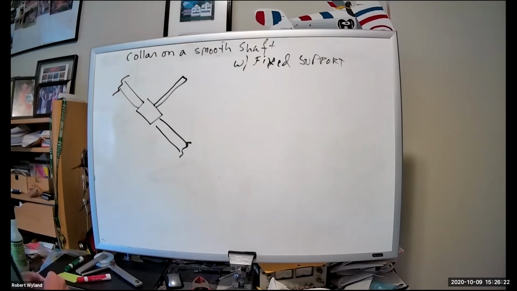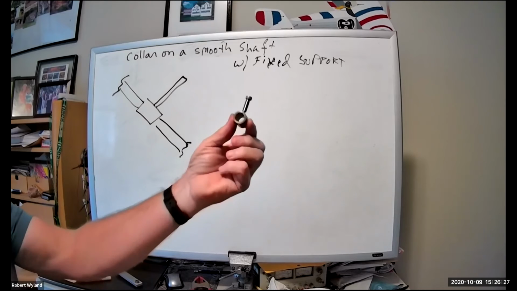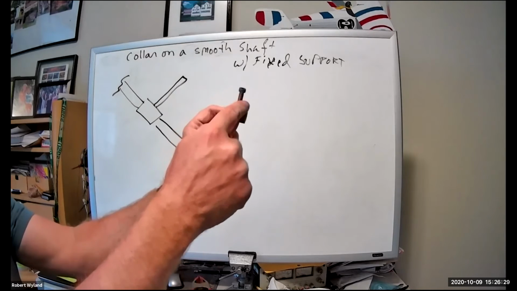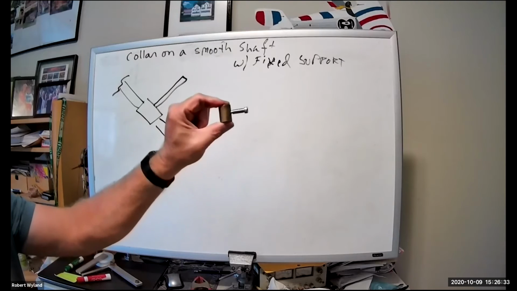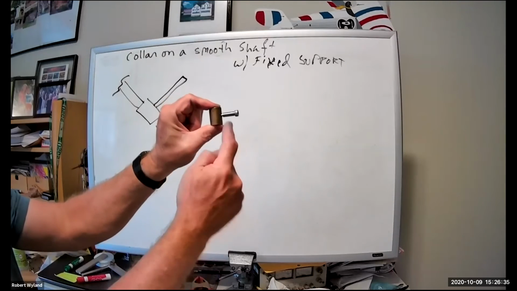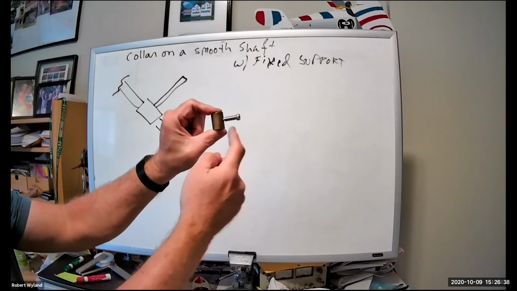This is going to be our collar, and this is our little fixed support here. If this was just a 2D problem, this would be the fixed, the same look that we looked at just before with the fixed.